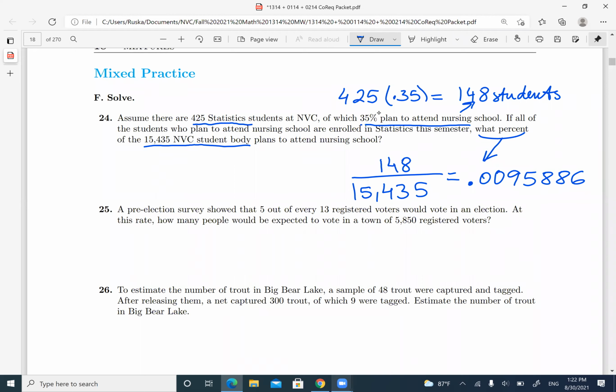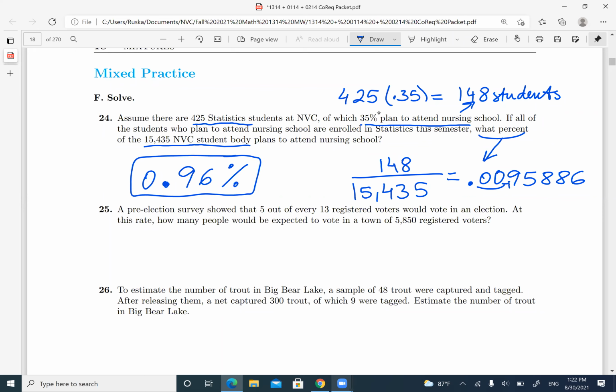When I move the decimal 2 places, it's going to be here, right? And let's round to 2 decimal places. So it's going to be 0.96%. Okay, so that's my answer.